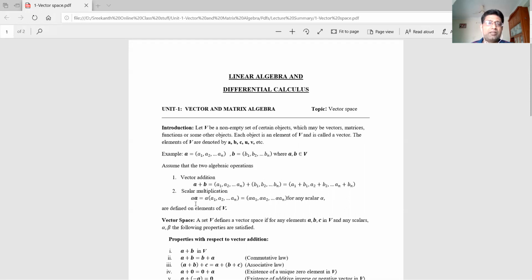Alpha is any scalar, that means some constant, and A is any vector from this set V. Then alpha A equals alpha times A1, A2, and so on, An. If you multiply that, you will get alpha A1, alpha A2, alpha An for any scalar alpha. So these are the two operations defined over the non-empty set V.